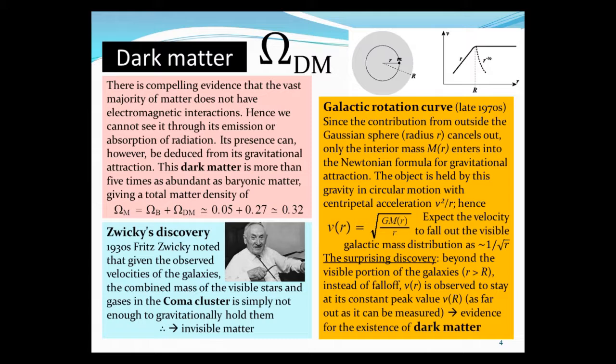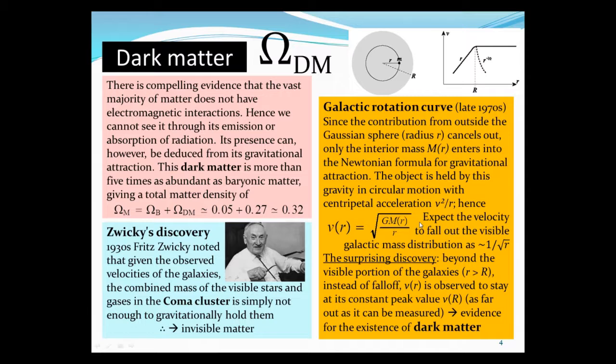All the matter outside this Gaussian surface will not contribute to the attraction on this point m. Okay, only the interior mass will contribute, and from that you can work out the tangential velocity by relating the centripetal acceleration to the motion. It should be the square root of the interior mass over r.